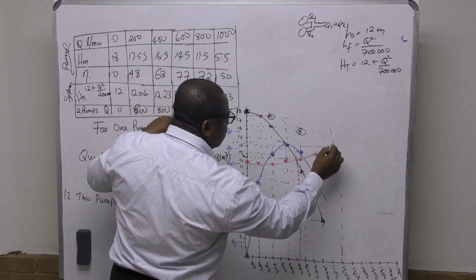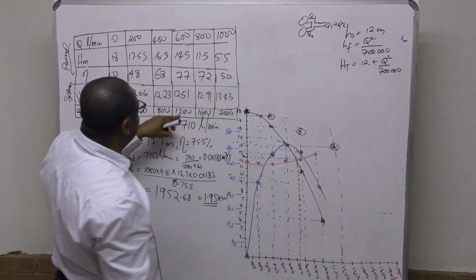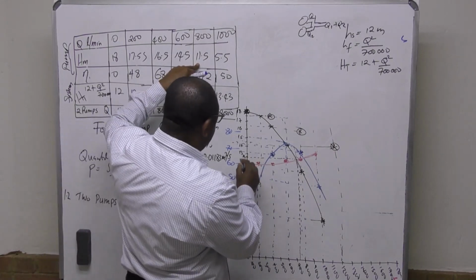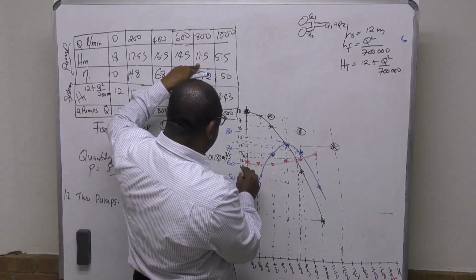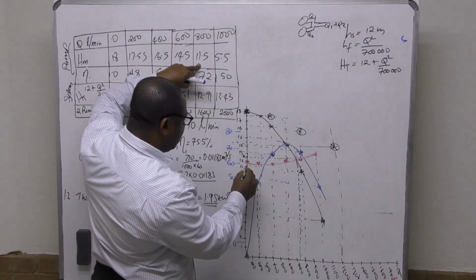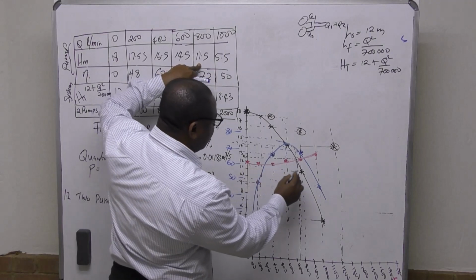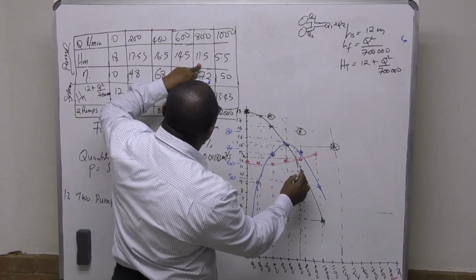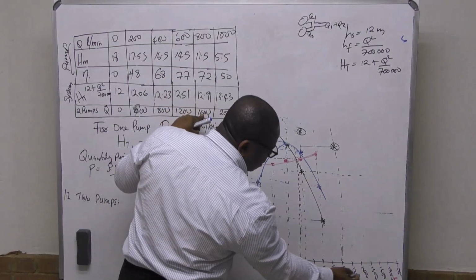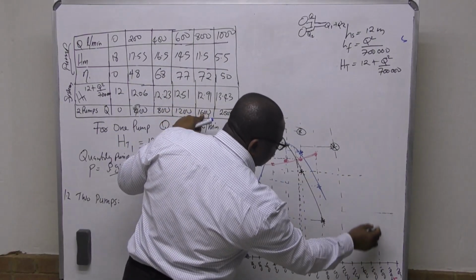So here, when the head is 11.5, the flow is 1,600.